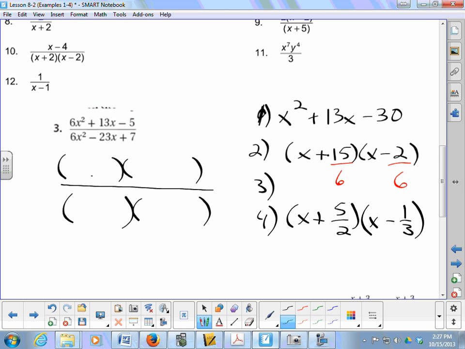The nice thing about this, when we do the denominator, is that this part right here is going to tell me where the zeros are for the denominator, so it tells me where it's undefined. My last step then is to move the denominators in front of the x. So we get 2x plus 5 and 3x minus 1 as my factorization for the numerator.